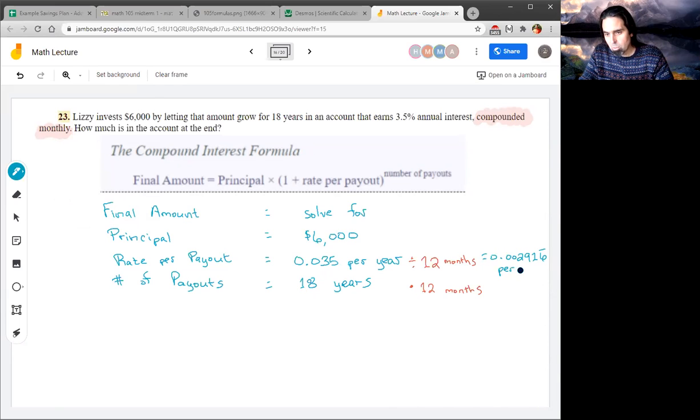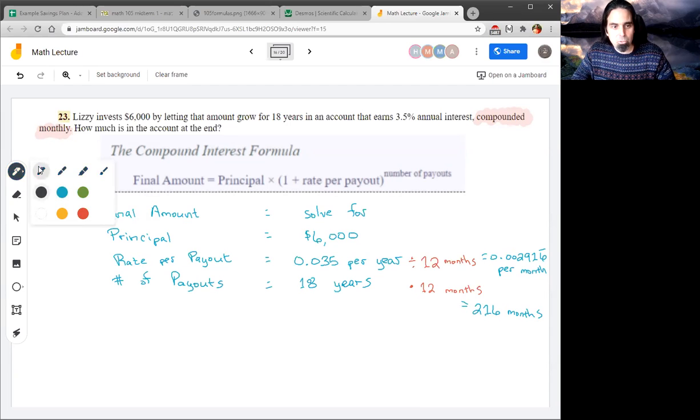And that's now a per month rate. And 18 times 12 gives me 216 years. Not years, months. Okay, now we're ready to plug things in.